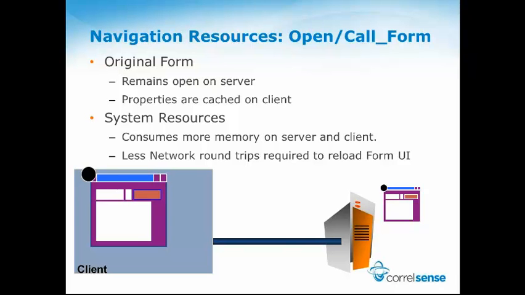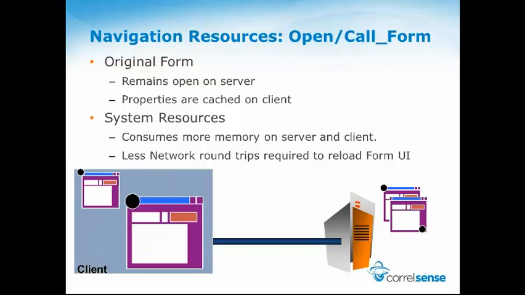So if you have the intention of actually working in parallel on 2 different forms, or if you have the intention of having some sort of wizard-based logic where you run 3 different forms, but you want people to go back to the originating forms quite frequently, then you'd use open form and call form and actually keep those forms open in the back of the memory.